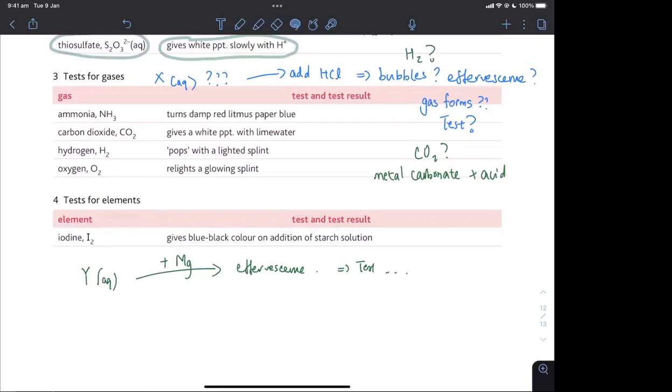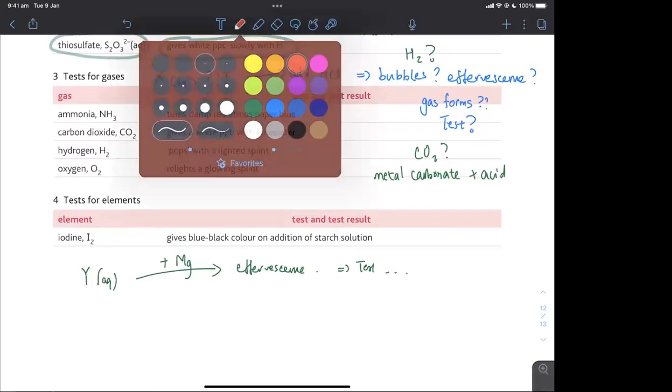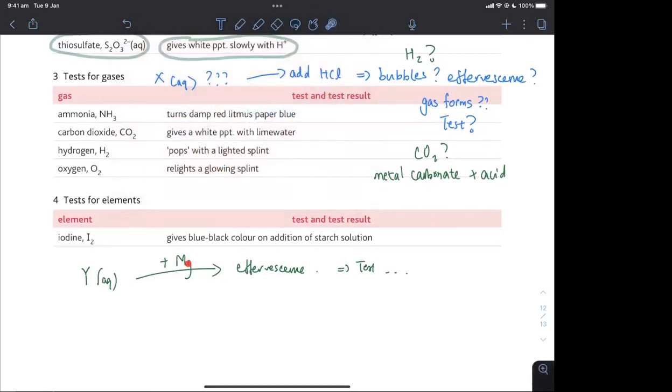How about you, Isa? What could Y contain? So metal plus Y give me effervescence. What could Y contain? What do you think, Isa? Hello, Isa, are you there? Okay, maybe not.